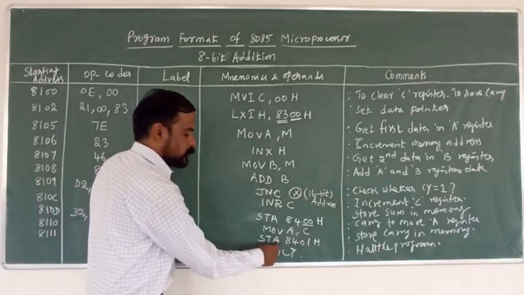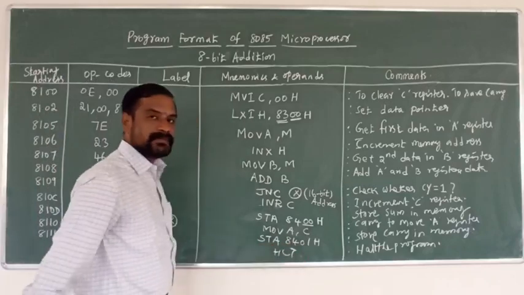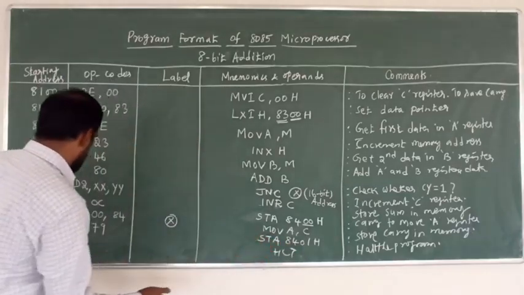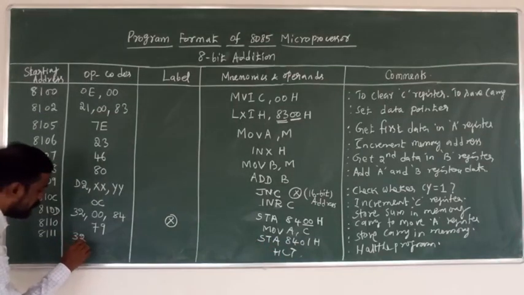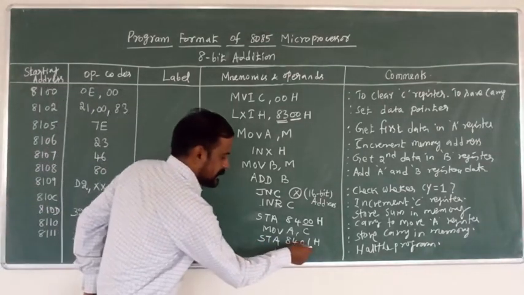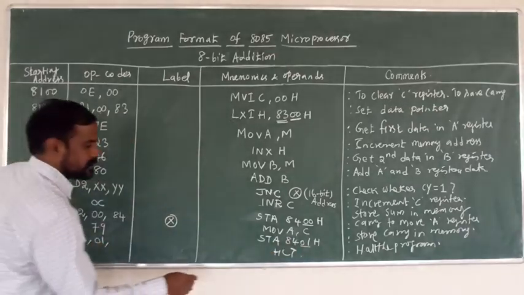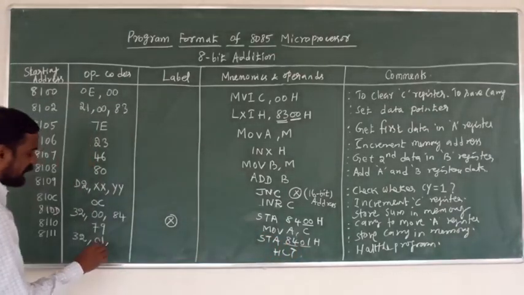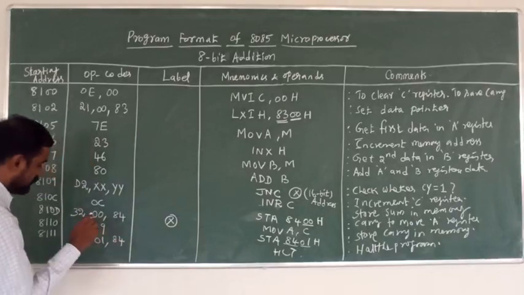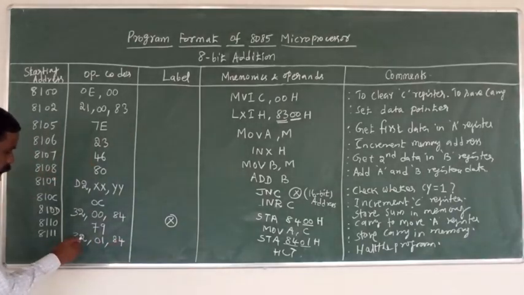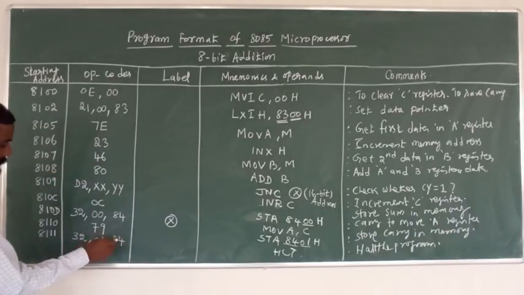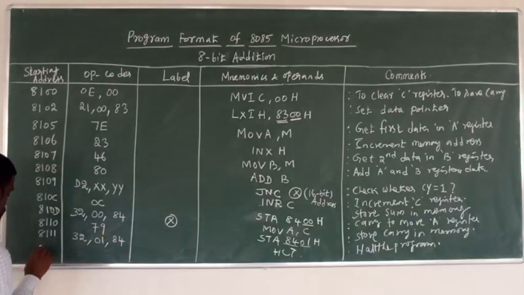The first byte is the opcode and the remaining 2 bytes are for the 16-bit address. STA opcode 32, comma, least significant byte 01, comma, next 84. This is for 8111, 8112 and 8113. Next address 8114.